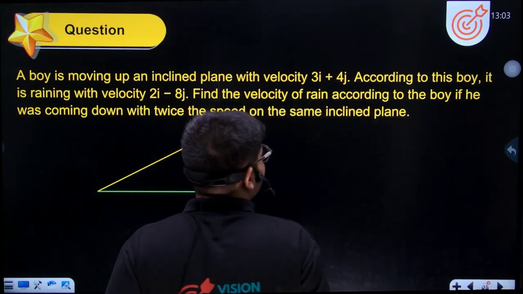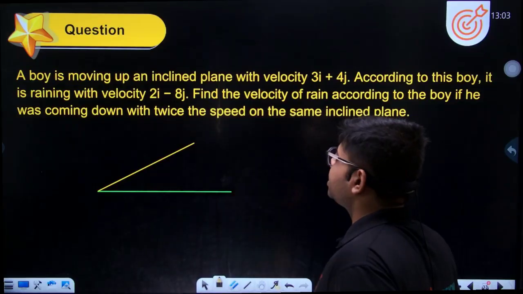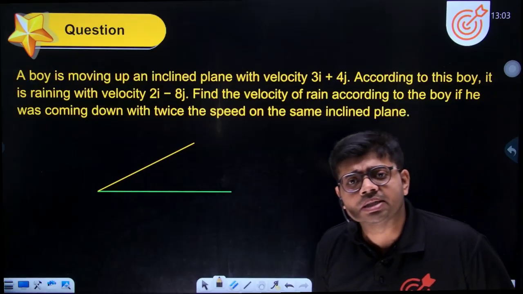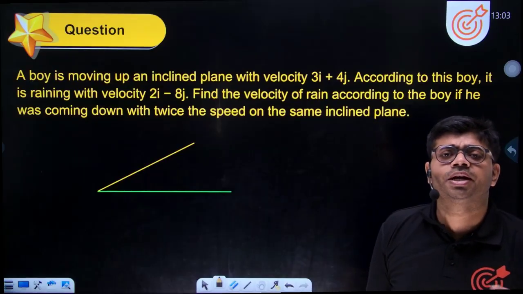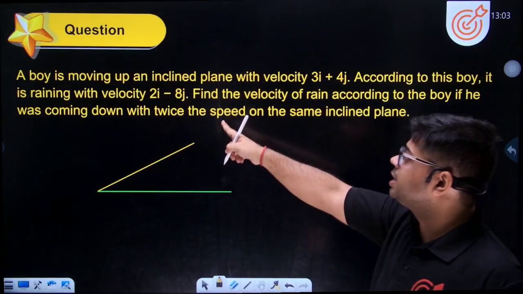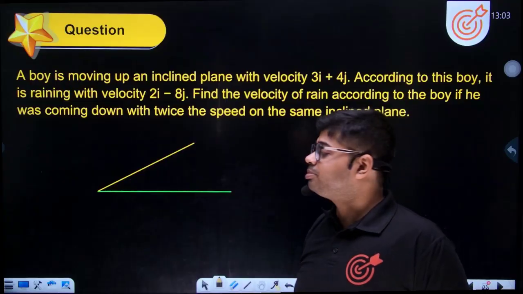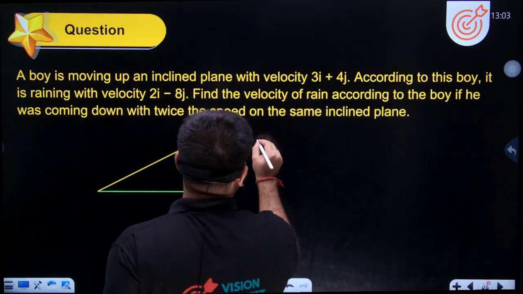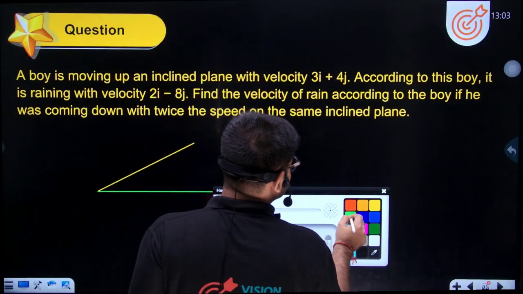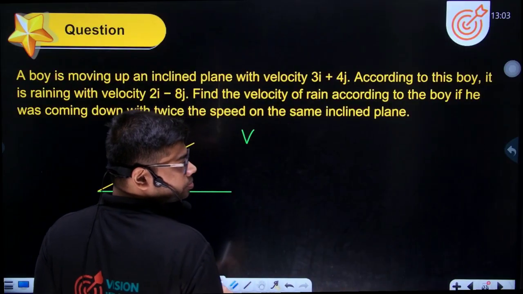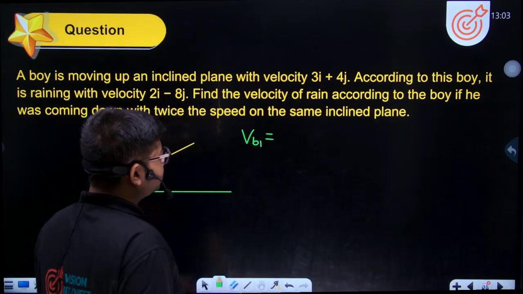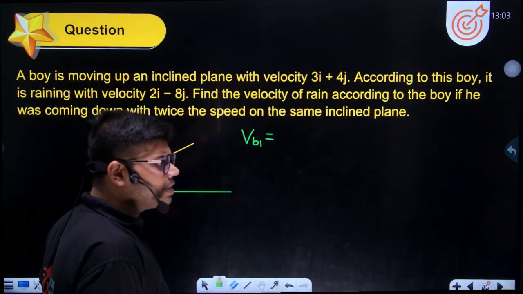According to this boy, it is raining with a velocity 2i minus 8j. What is the implication of this? It means that the velocity of the rain with respect to the boy is 2i minus 8j. So you have VB1, where B1 means the velocity of the boy when he is moving up.